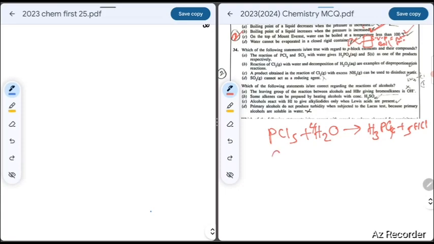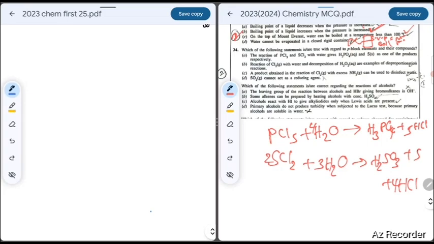Then SCl2 with water gives H2SO3 plus sulfur plus HCl. When we balance this, 4 HCl, sulfur, H2SO3, 3 H2O and 2 SCl2.